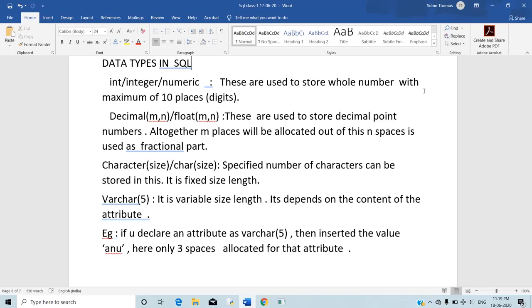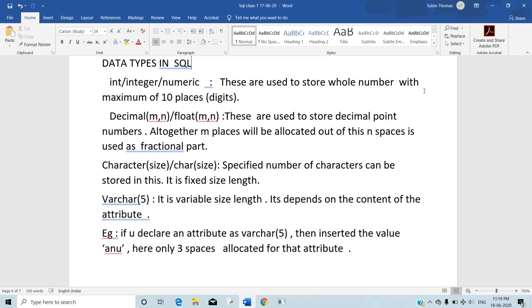It is a fixed length data type. Character data type is a fixed length data type. That means if you are going to give address as character of 10, you can store a maximum of 10 characters under that attribute.